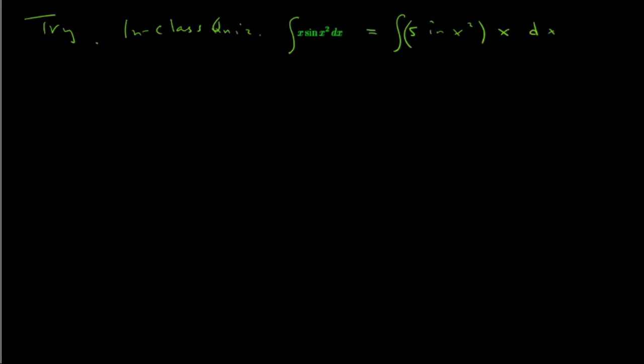Okay, and then I want to tell you how to choose u. Actually, I want you to tell me how to choose u. Choose u so that u cannot be too complicated. Choose u so that one factor as a function of u has an easy to compute antiderivative. The other factor is the derivative of u times a constant.